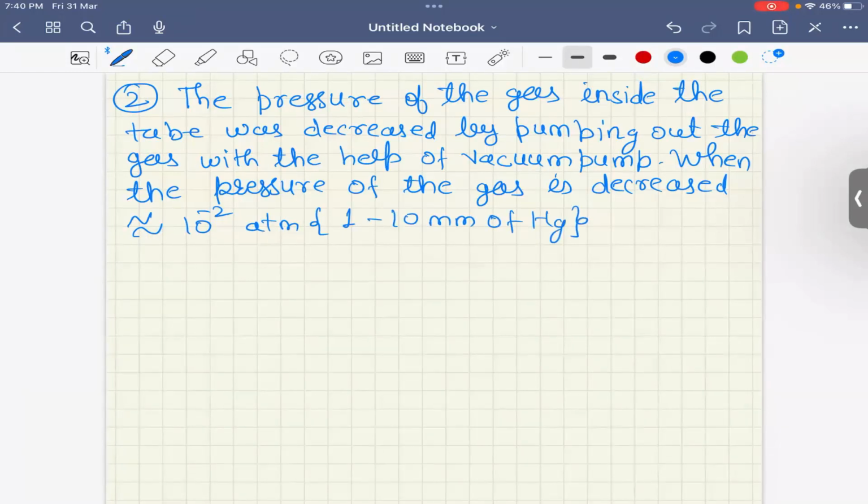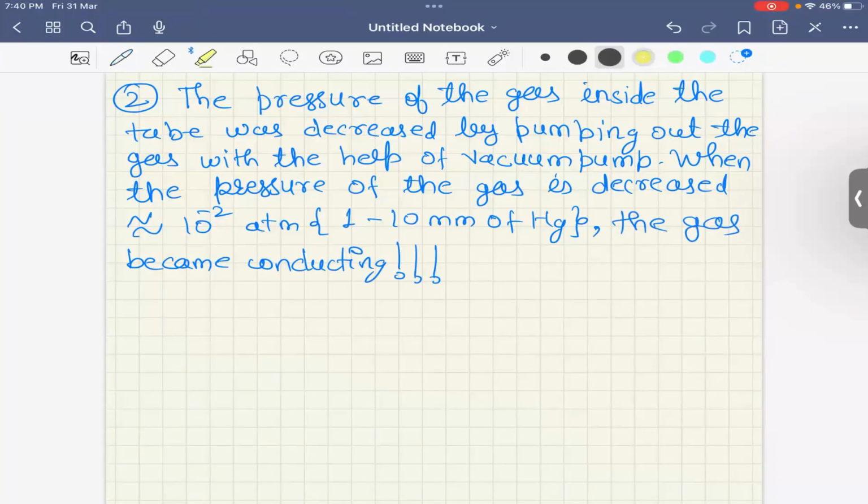A different observation was obtained, which was that the gas became conducting, right?